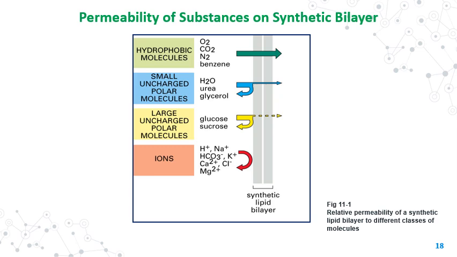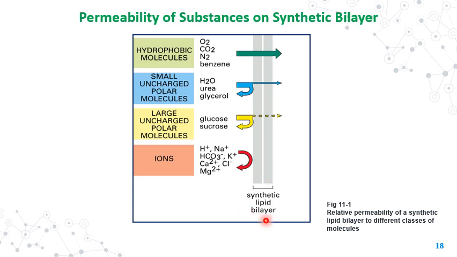All right. So again, looking at the overall process across membranes, if you are looking at an artificial or synthetic membrane, like the book is showing you, you see that gases and very small hydrophobic molecules will just diffuse across, but other small uncharged polar molecules are not really able to pass across.